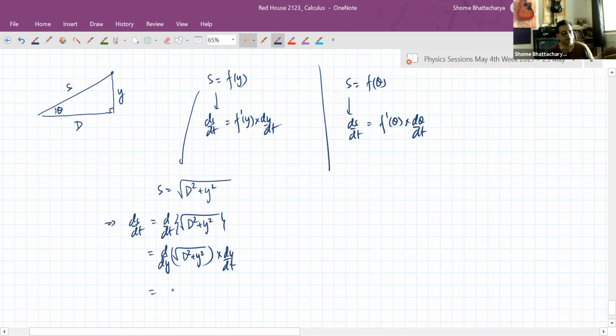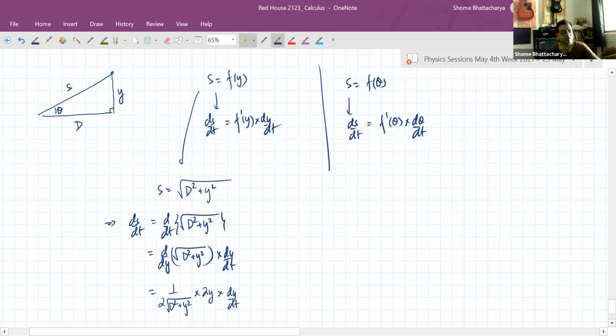So it's derivative of square root, so 1 upon 2 times square root into derivative of this whole term. So that's 2y into dy by dt.